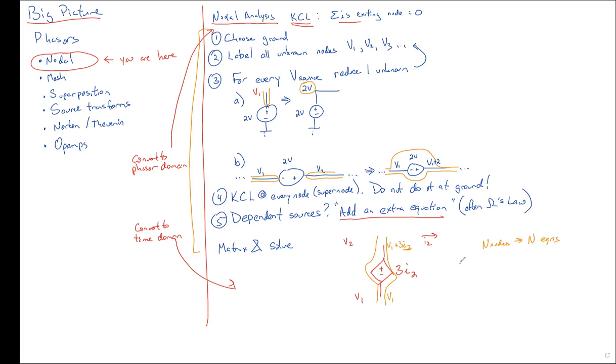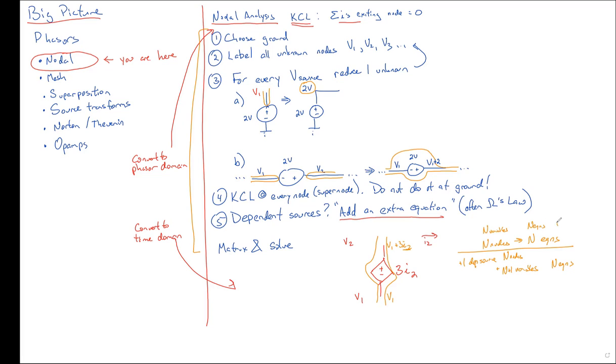But if you have one dependent source, you'll still have n nodes, but you're going to have n plus 1 variables, and you've only got n equations. Without dependent sources, you had n variables, and you've got n equations because you've got n nodes.